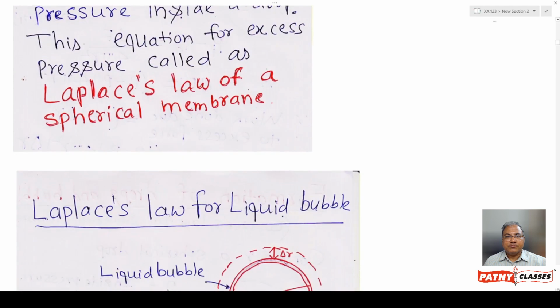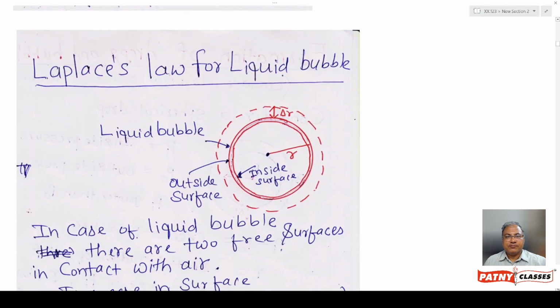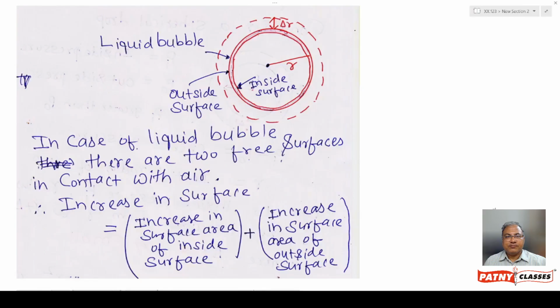Now we can also develop Laplace law for a liquid bubble. A liquid bubble has two surfaces. One is the inside surface and the second one is the outside surface. When you are blowing it, its surface area increases. The inside surface is increasing as well as the outside surface.